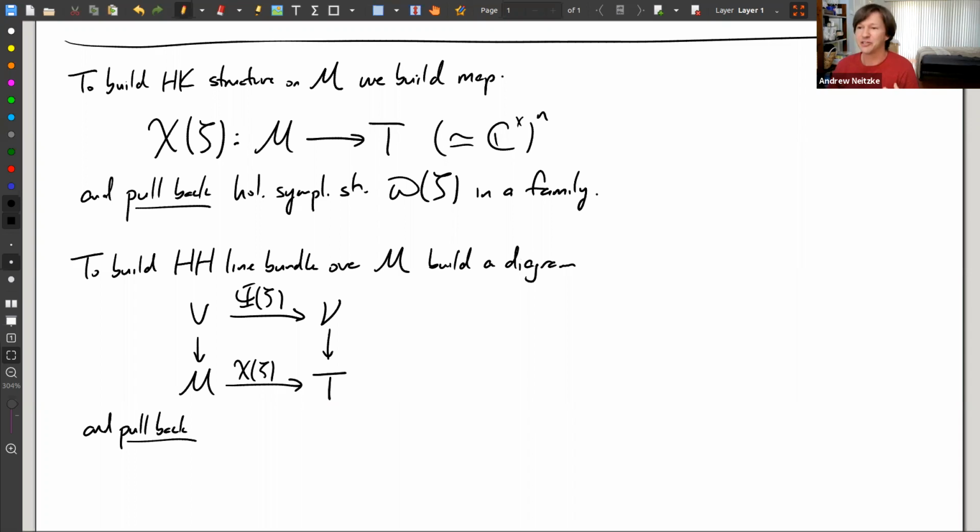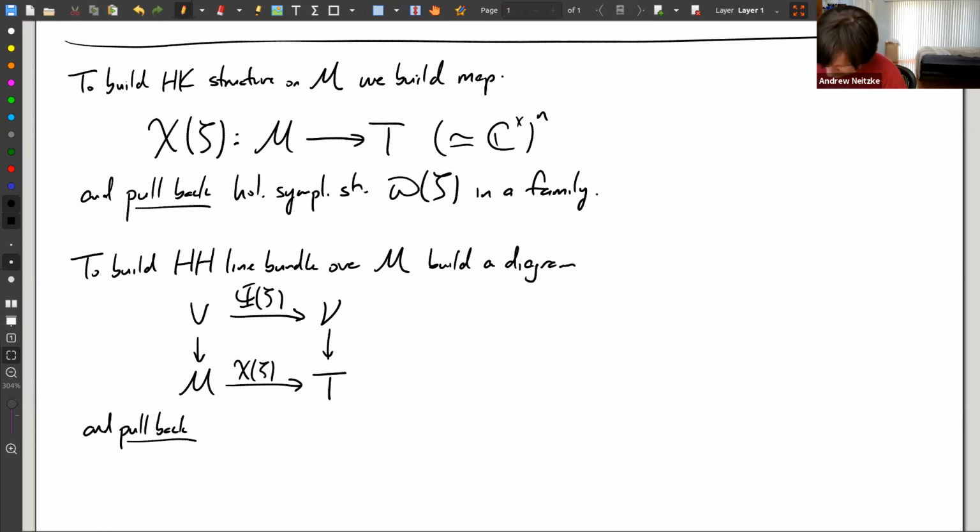But in fact, we'll get something a little bit more. This is one of the interesting things about this line bundle: it's not just a hyperholomorphic line bundle. It comes with a connection, a family of connections whose curvature is this family of holomorphic symplectic structures. So we have these holomorphic symplectic forms, and they will actually be realized as the curvature of connections in this family of holomorphic line bundles.